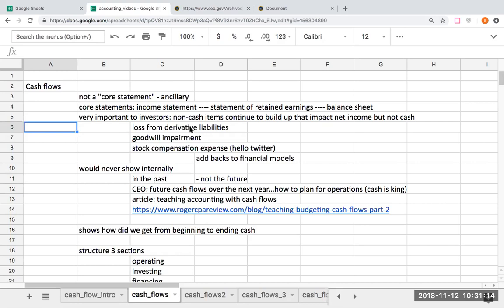And here are some examples: the loss from derivative liabilities, goodwill impairment, stock compensation expense, hello Twitter. When I'm evaluating a company, and this is from an investor perspective, I need to do a lot of add backs because stock compensation expense doesn't really cost the company in most cases anything. Rather, I'm giving options to my employees.